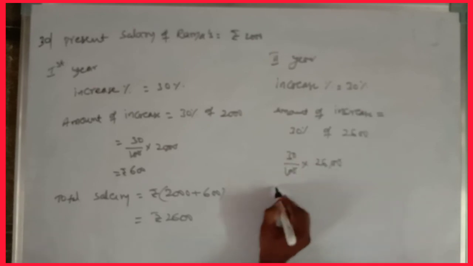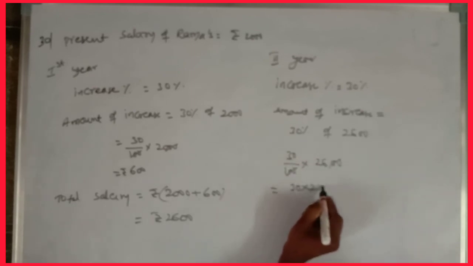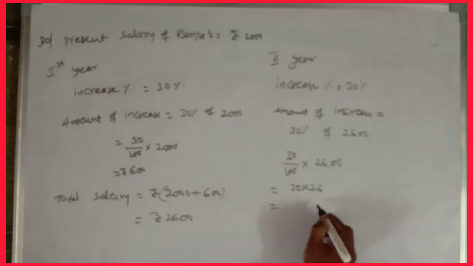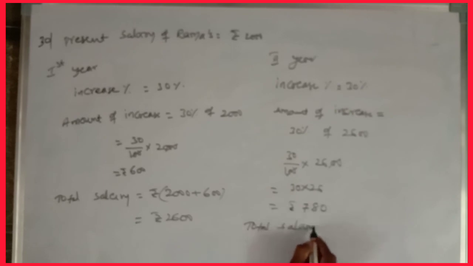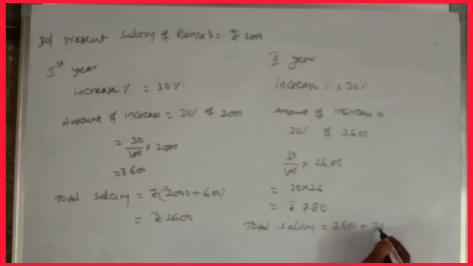So 2 zeros will be cancelled. That is 30 into 26. So 3 6s are 18, 1, 3 2s are 6, 7, 780 rupees is the increase amount. Now total salary is equal to 2600 plus 780. So that's equal to 0, 8, 6 plus 7 is 13, 1. So 3380 rupees is the salary after 2 years.